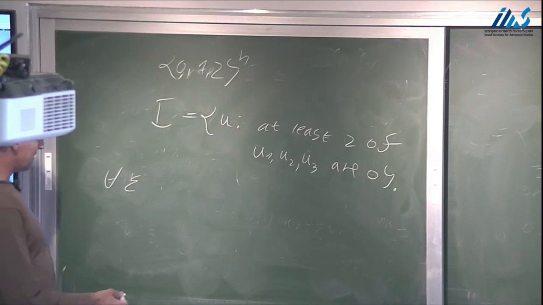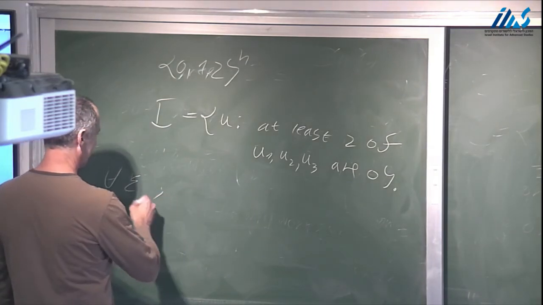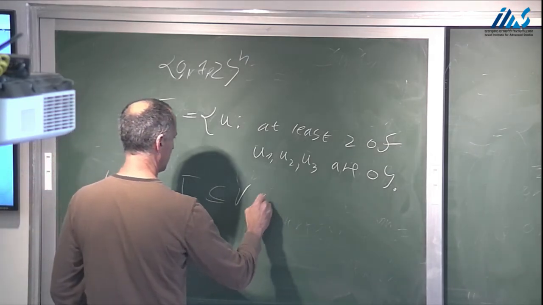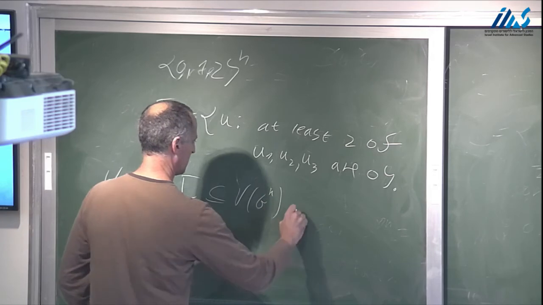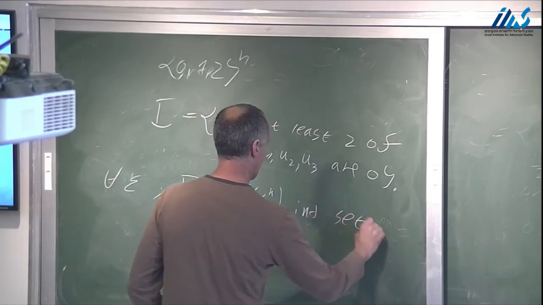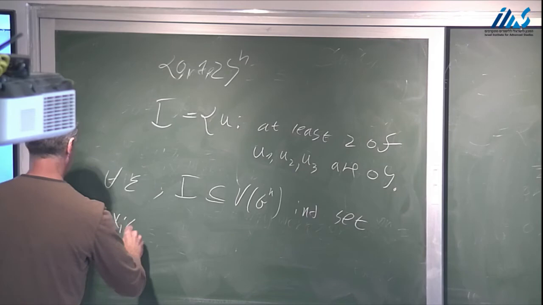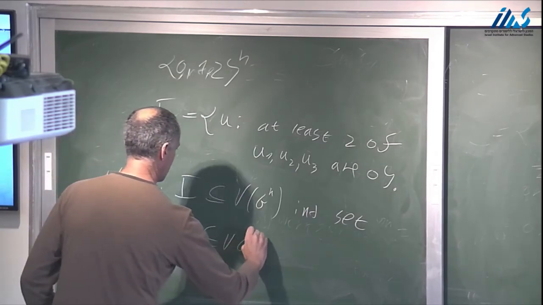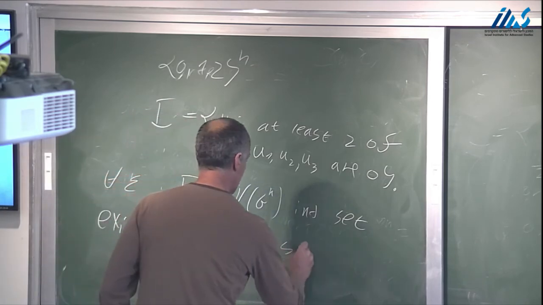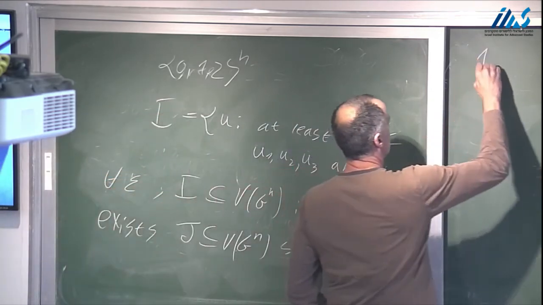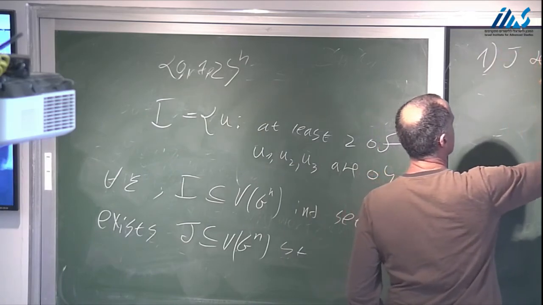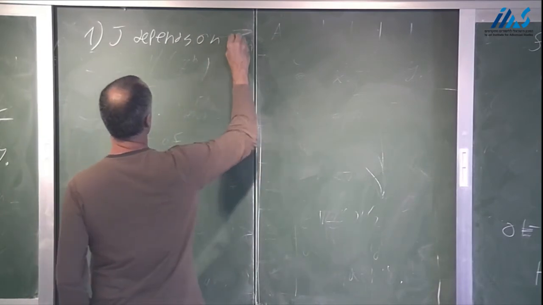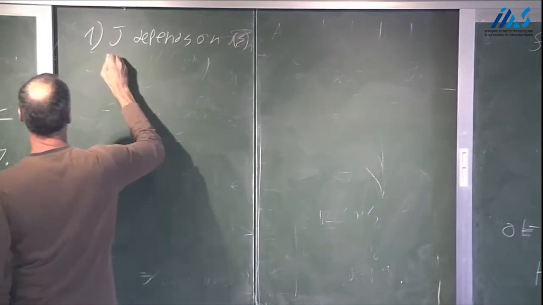For all epsilon and independent set I, there exists a set of vertices J such that, first of all, J depends on J(epsilon) coordinates.